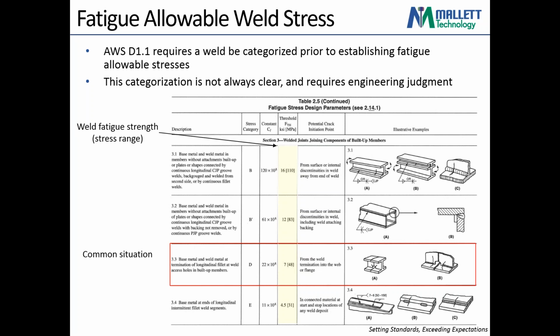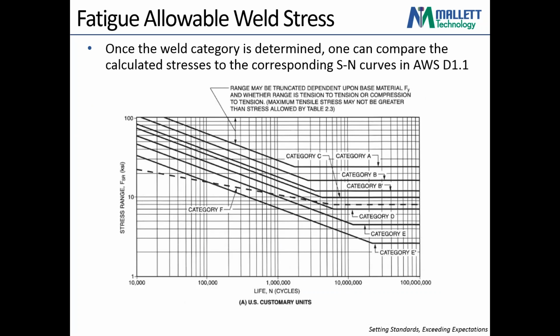That stress category relates to the fatigue strength, which relates to an SN curve in this standard. And I will say this does require engineering judgment of what category to pick. It's not always clear right off the bat. Once you do figure out the category, that will direct you to a specific SN curve, and using the SN curve, we can make an estimate of total life.